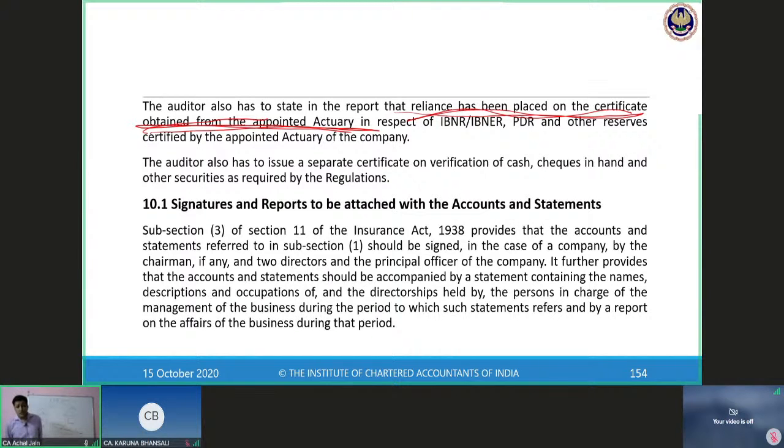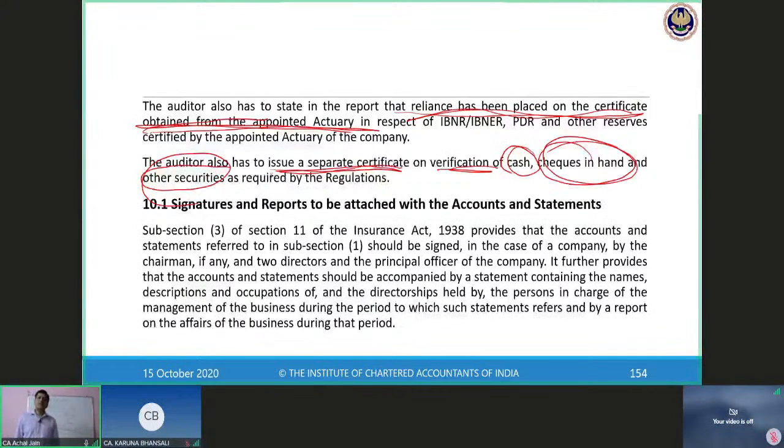The auditor also has to issue a separate certificate. You remember we discussed it? He has to issue a separate certificate on verification of cash, checks in hand, and other securities.